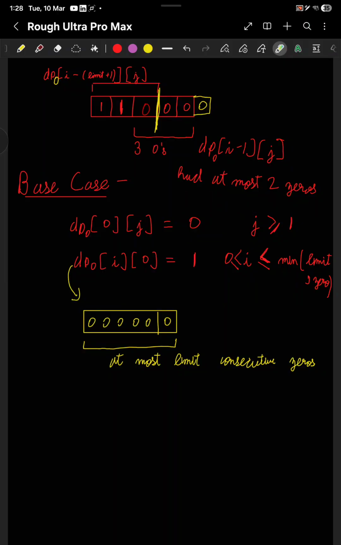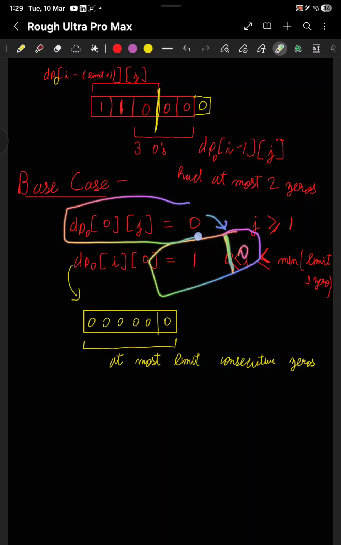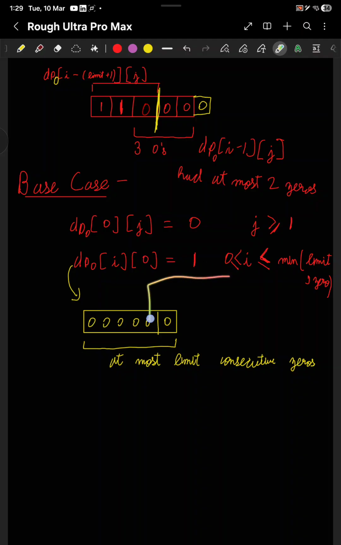So if our arrays are ending with 0, I'm telling for this case, if our arrays are ending with zeros and the number of ones allowed is 0, so that is actually never possible, because we could not create an array with only ones that is ending with 0, right?